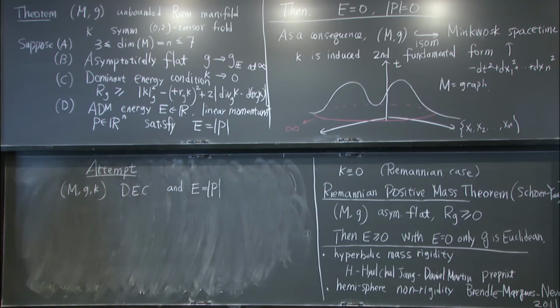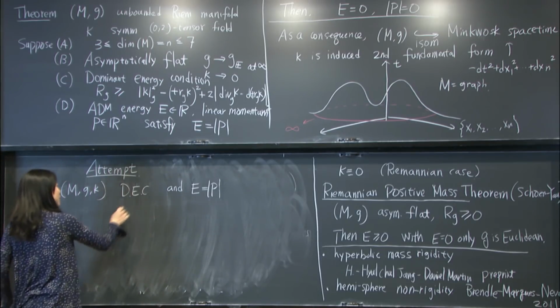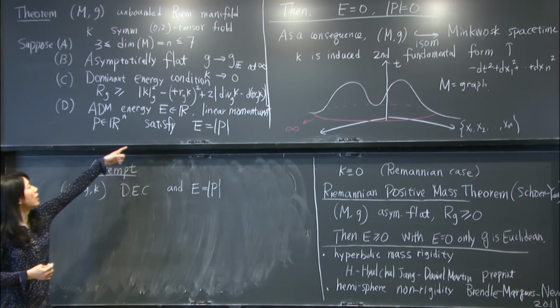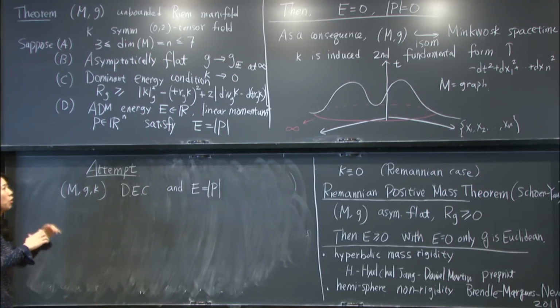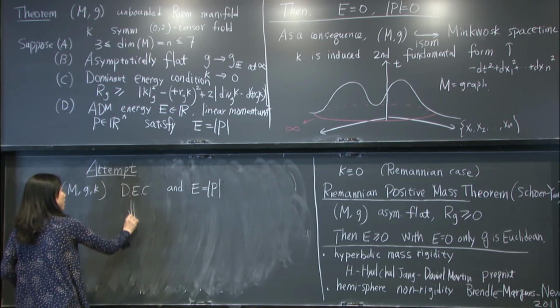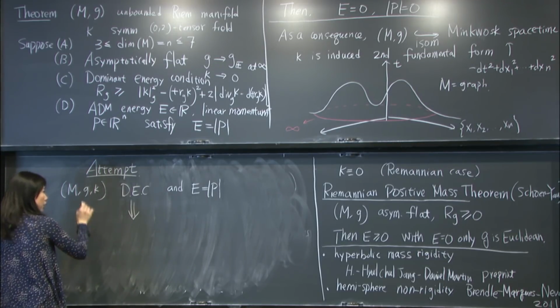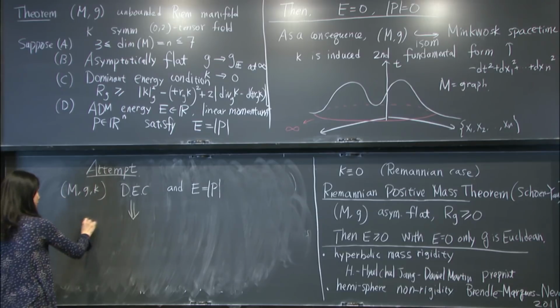And then using the deformation result, we know we cannot locally bump up the dominant energy condition, because it's supposed to be inside Minkowski space-time. So together with the conformal change argument, that means we cannot bump up the dominant energy condition. So that implies the kernel is non-trivial.